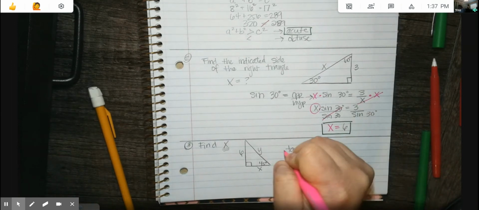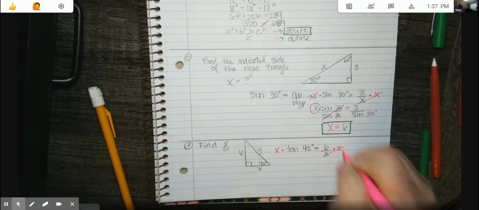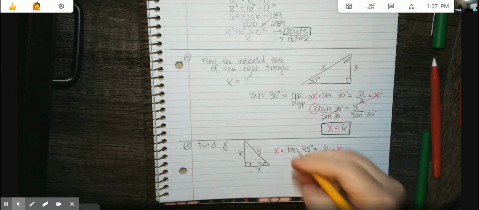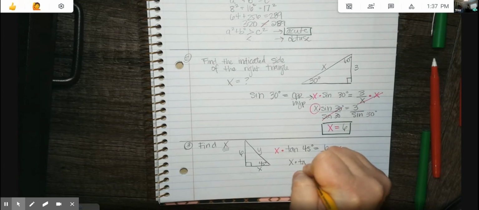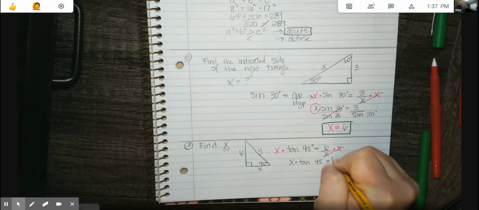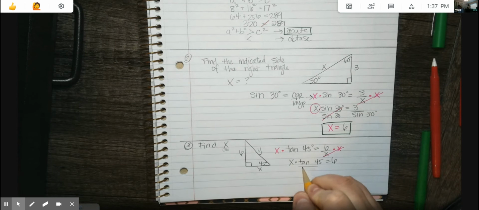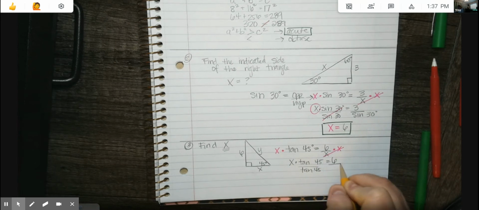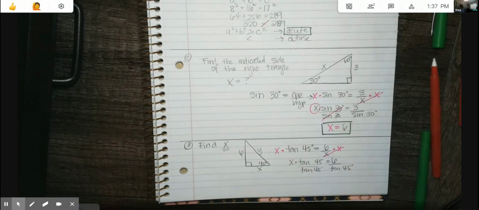Multiply that x out on both sides. I get that x times the tangent of 45 degrees is equal to 6. I'm going to divide both sides by tangent of 45. These two cancel out, leaving me with just that x.